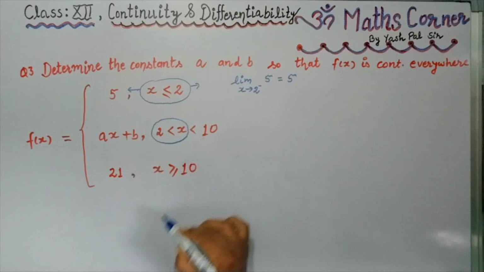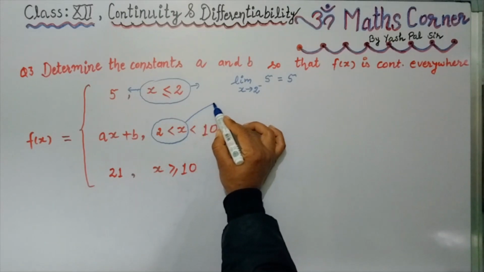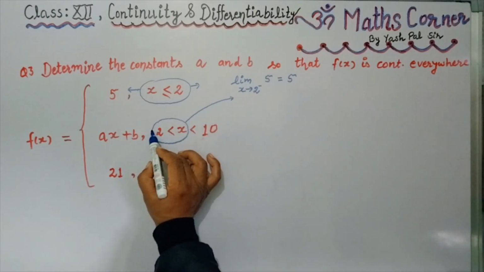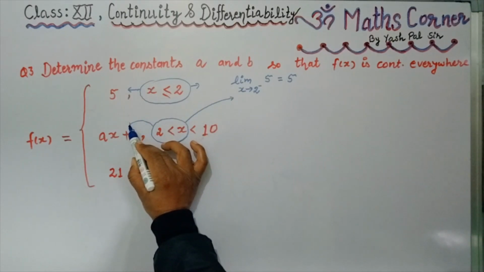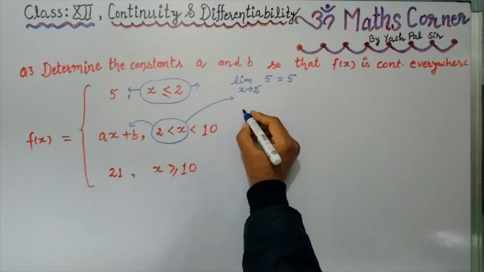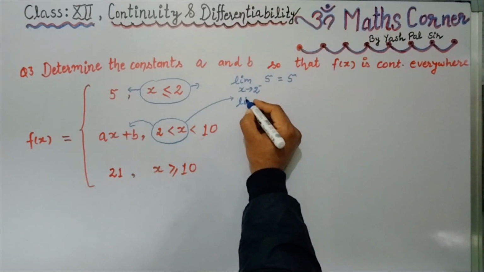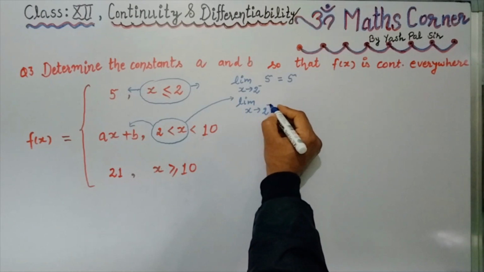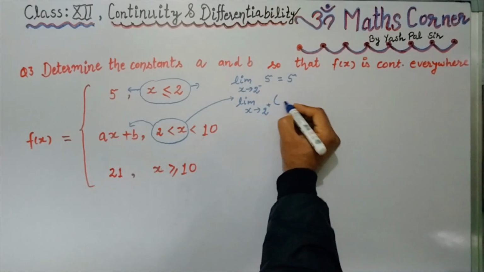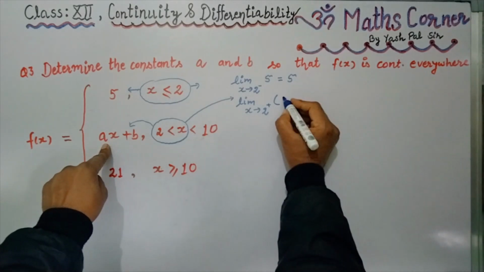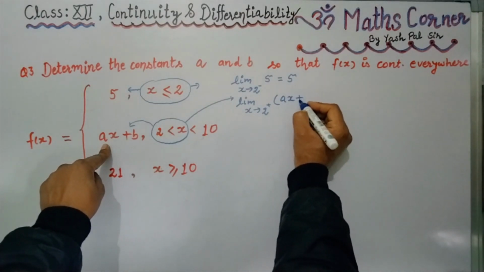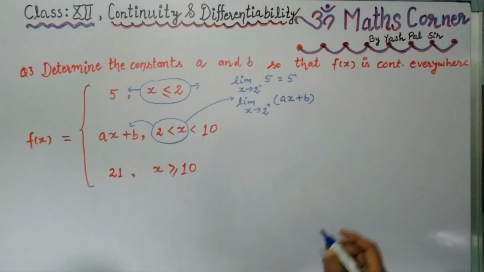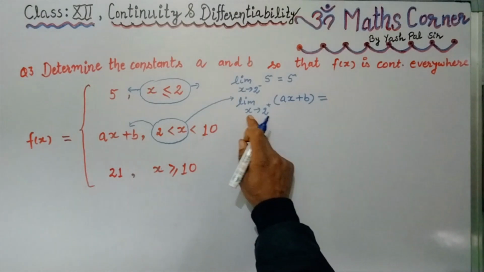And from here x is greater than 2. From here what we find is the value of the function is ax plus b. So we write here the right-handed limit as x approaches 2. This plus symbol means right-handed limit. We write this function ax plus b.